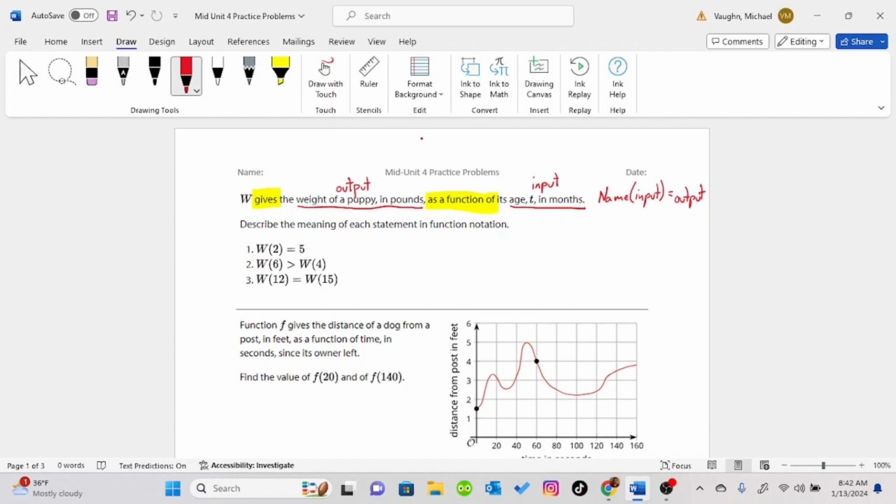So this function notation says a 2-month-old puppy weighs 5 pounds.